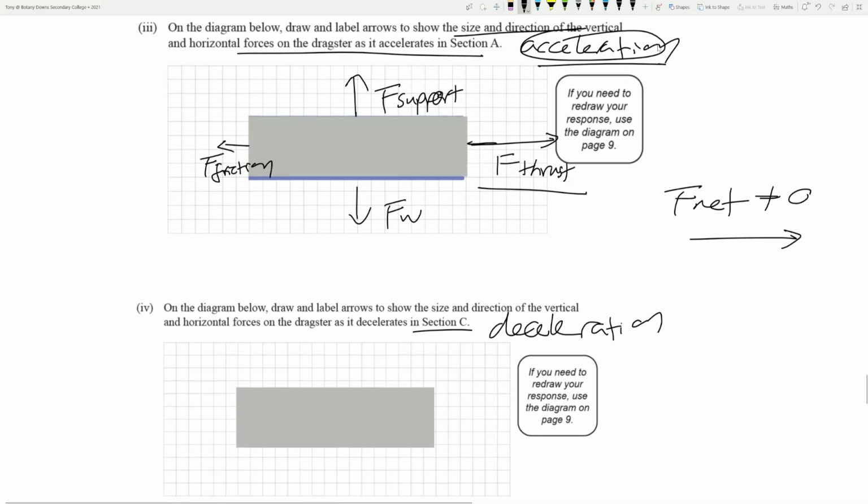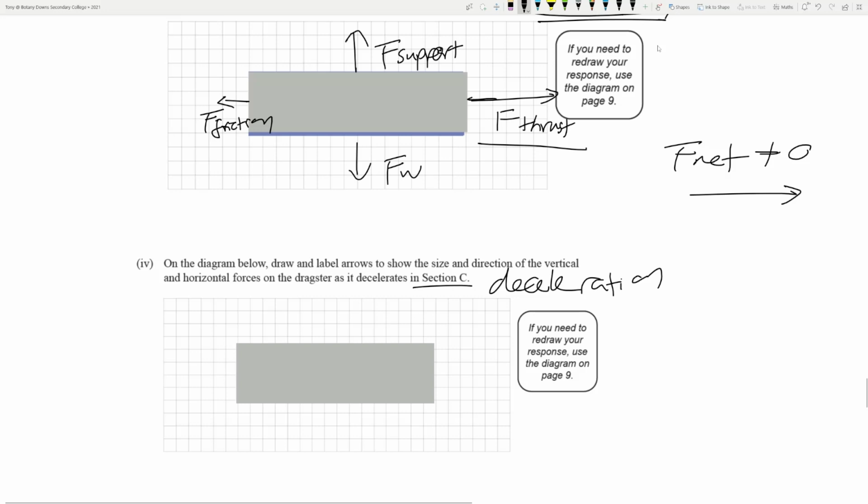When it's decelerating, it's going to do the opposite. So you still have your support, and you still have your weight. Make sure they're the same length. But this time you have more friction going the other way compared to your thrust, so you're slowing down.